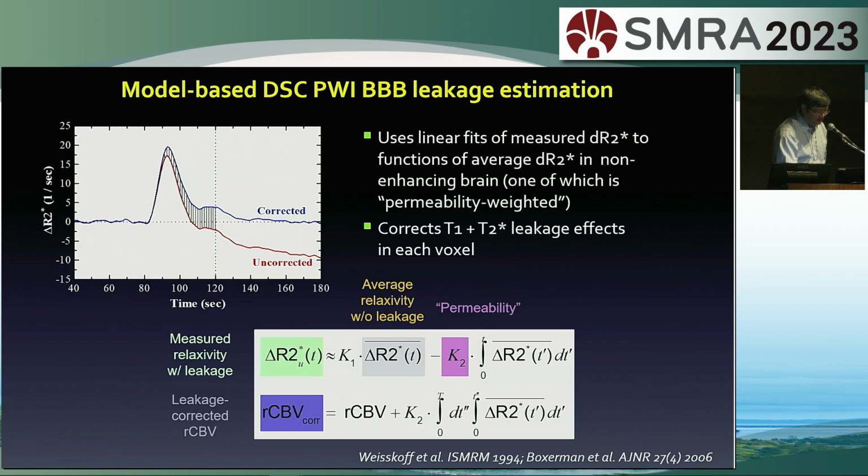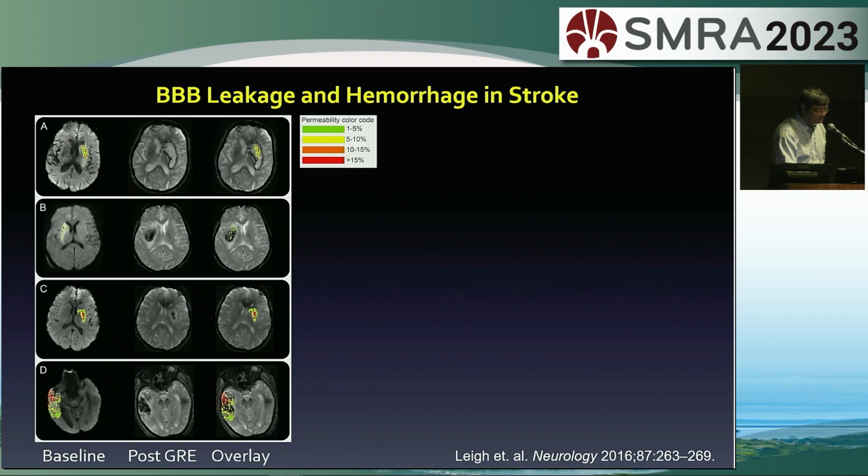There are many different ways to correct for this, but the common way was proposed by Weisskoff and Jerry Boxerman many years ago, who introduced this K2 parameter which indicates the permeability. With this you can get both accurate measurement of perfusion as well as permeability.